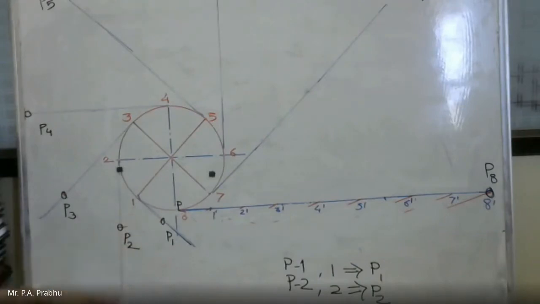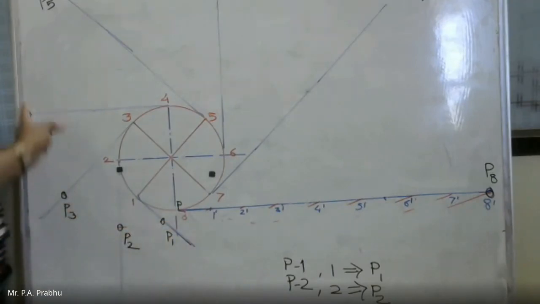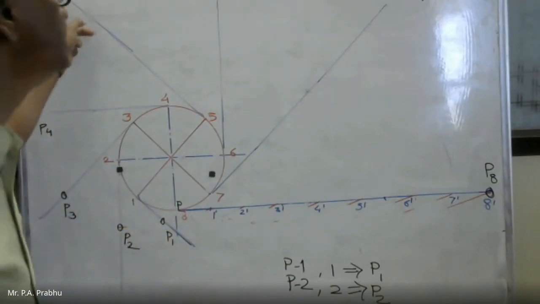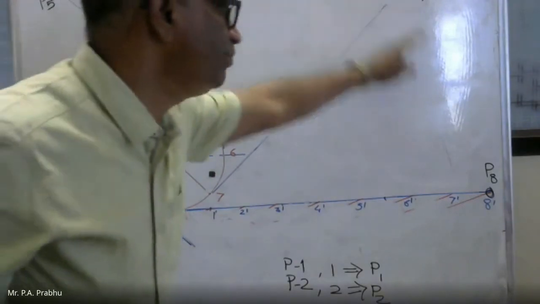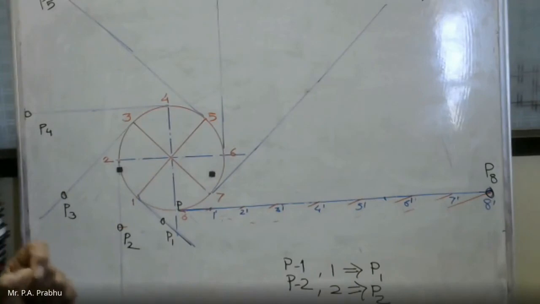Okay. So I got the total 8 points starting from point P, P1, P2, P3, P4, P5, P6 I got here, P7, P8. Okay. So this is the path followed by the end of the string when you unwound that string from the circumference.